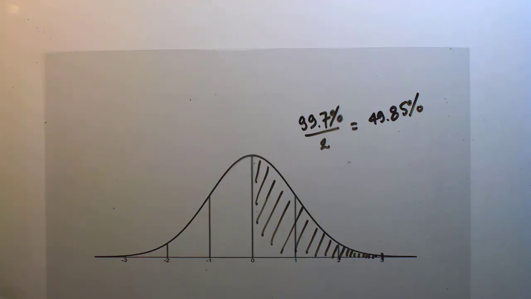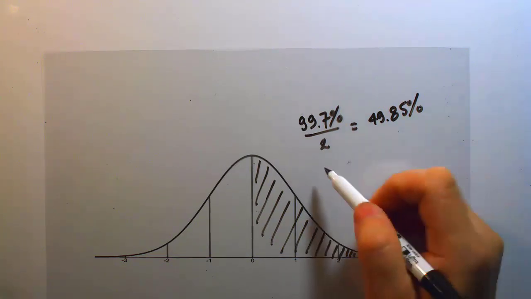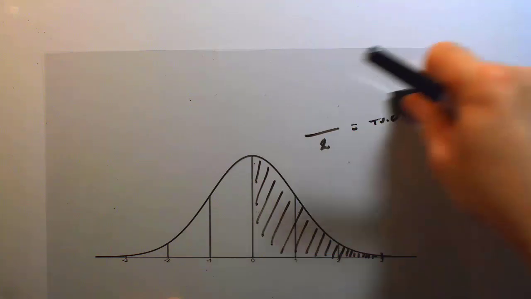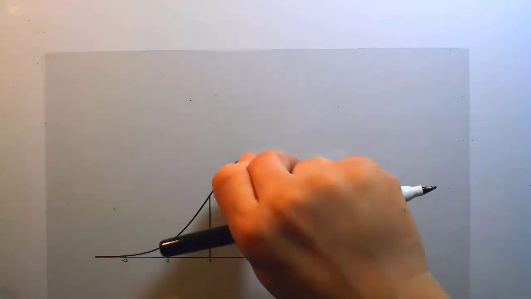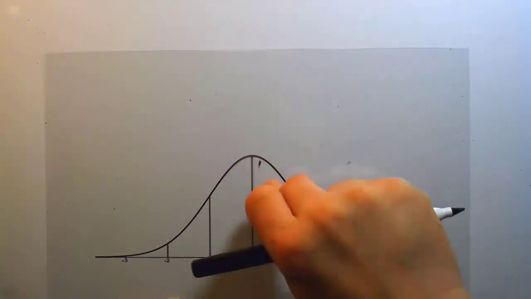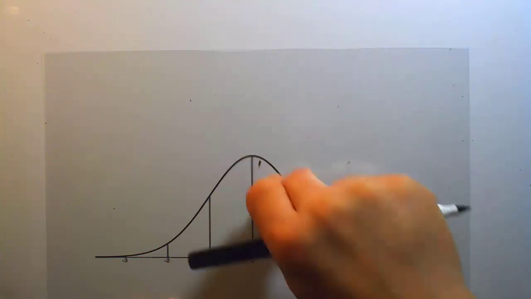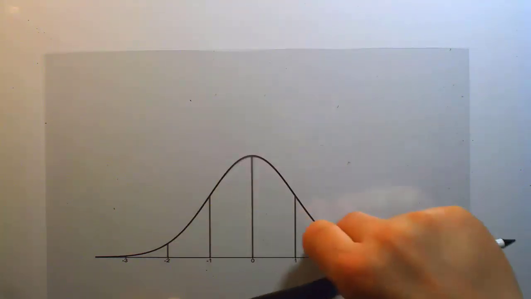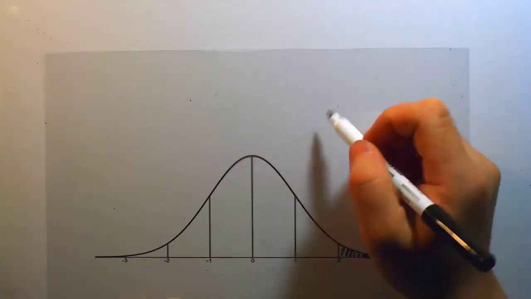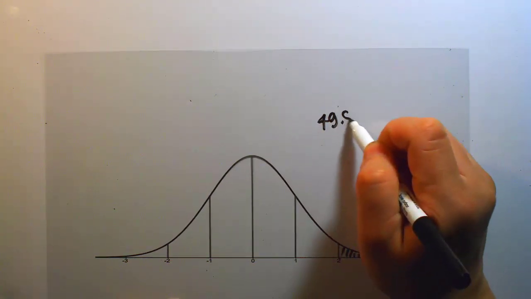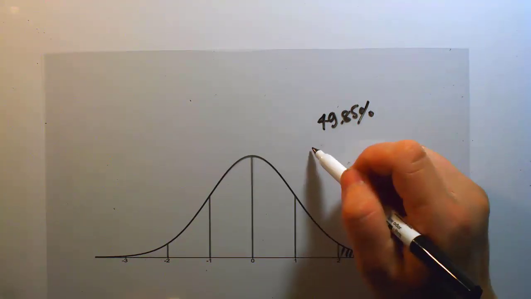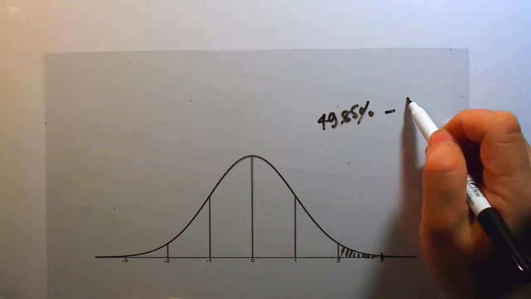So in my math now, what I'm doing in the next step, 49.85, but subtract away 47.5.